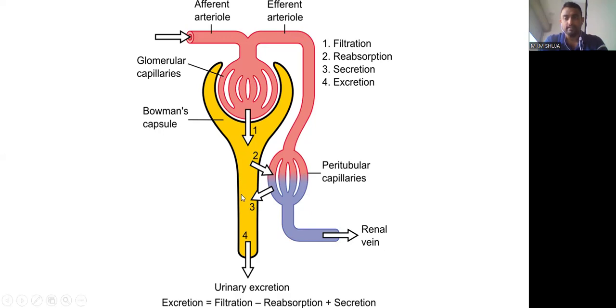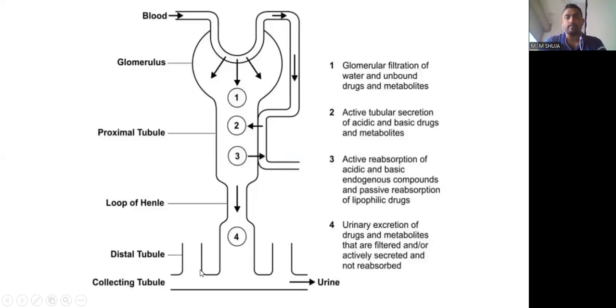Then the rest is excreted. And there are a few other things you have to consider, because we have filtered something here. This is the cell membrane, this is the tubule, and this is the blood vessel or peritubular capillary.